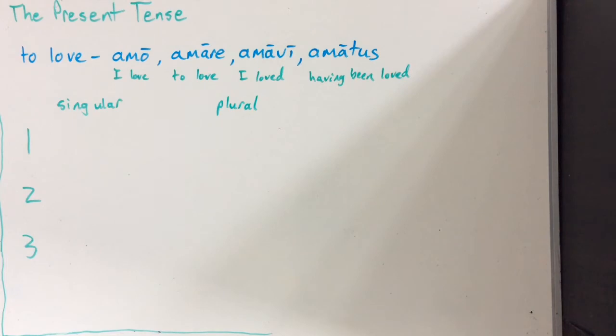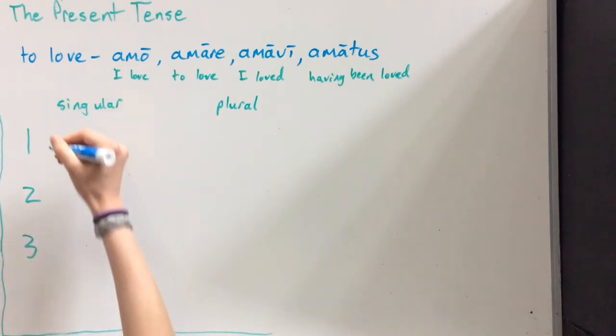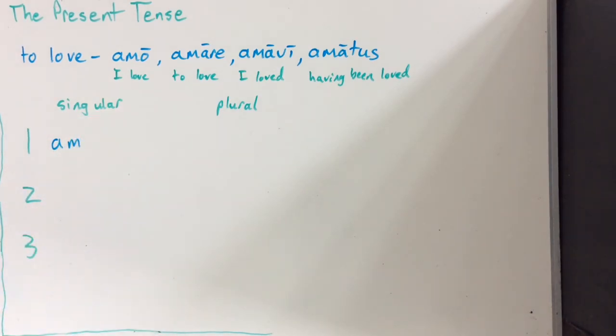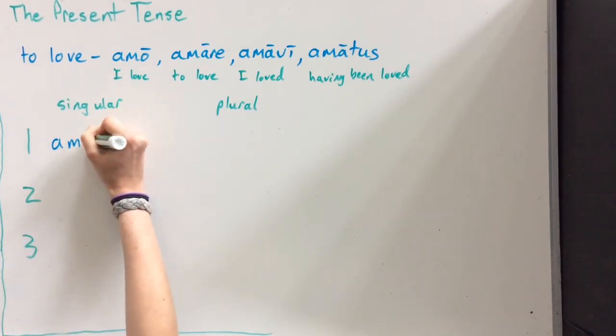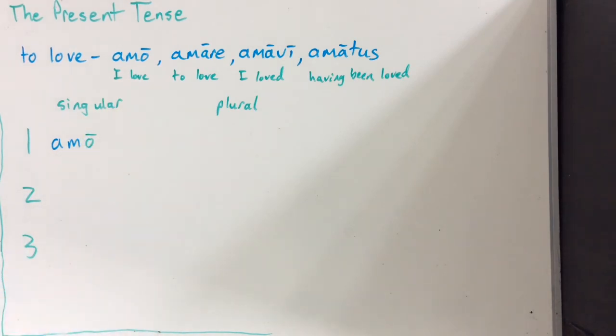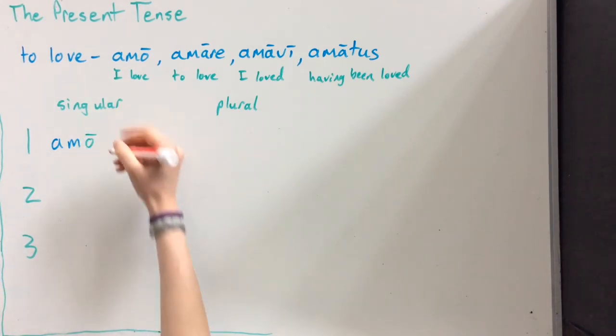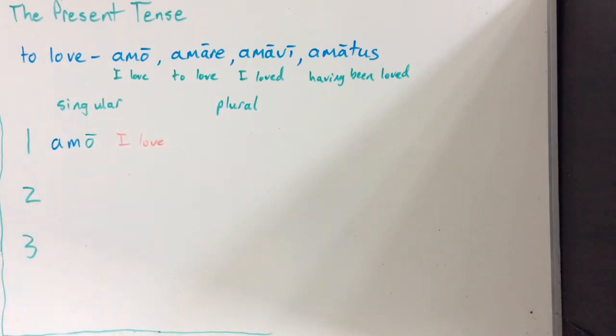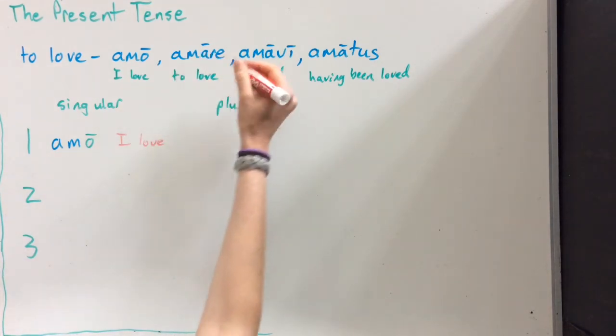I already mentioned that our first singular present is our first principal part. So that is amo. I'm going to put the ending in a different color for clarity. And that would mean I love. Now for the rest of the verbs in this set, we're going to go to the second principal part.